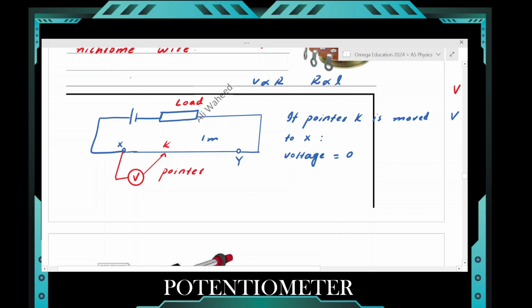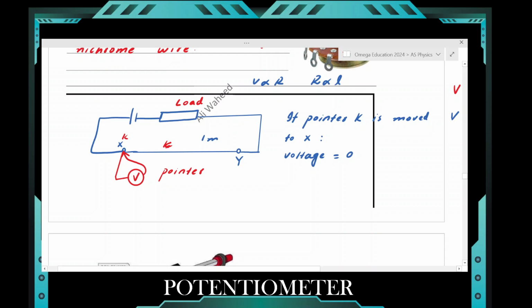If the pointer K is placed at X, it would look something like this. Then the next question would be, if the pointer K is placed exactly at X, how much length of the nichrome wire have you used?